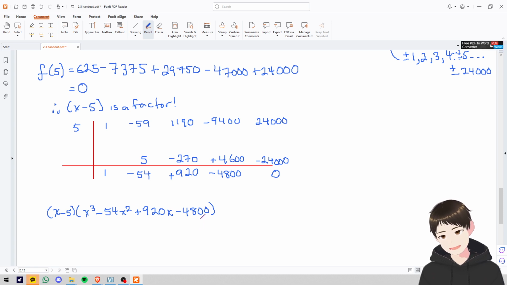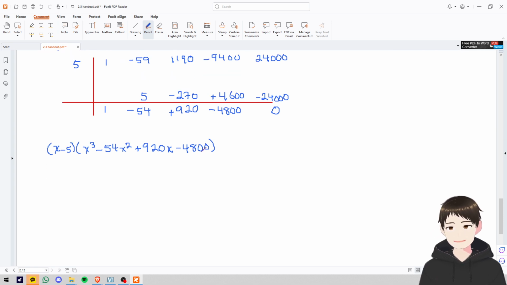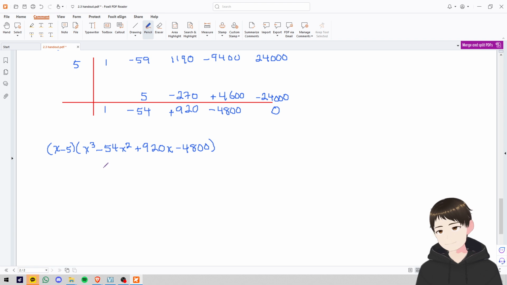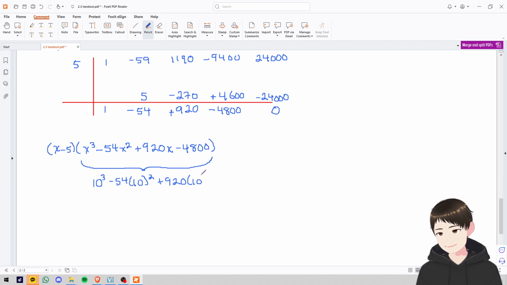I guess we'll have to keep going. Can I cheat? What other number can be a factor of this cubic function? It says 10 is another factor, so there it is. 10 to the power of 3 minus 54 times 10 to the power of 2 plus 920 times 10 minus 4800 is a 0. Therefore, x minus 10 is a factor.